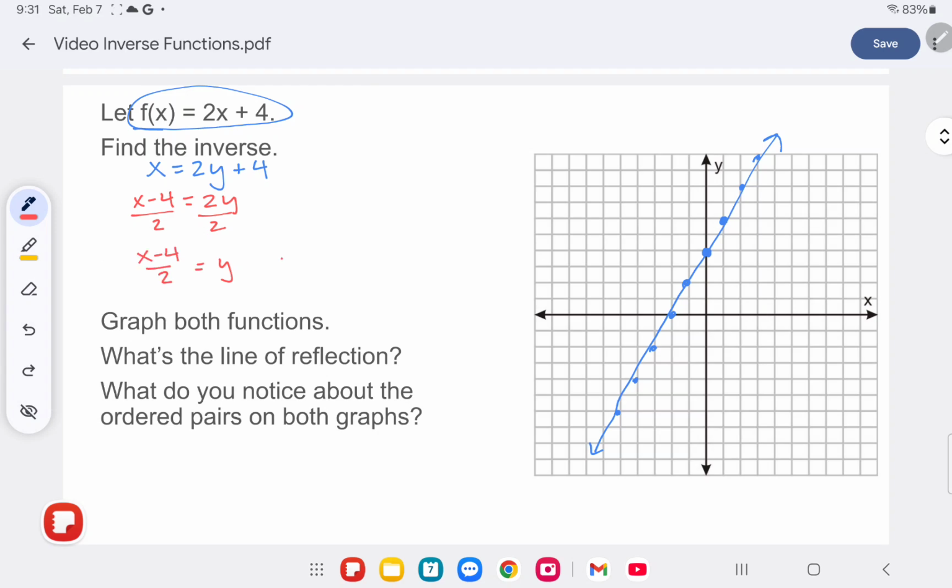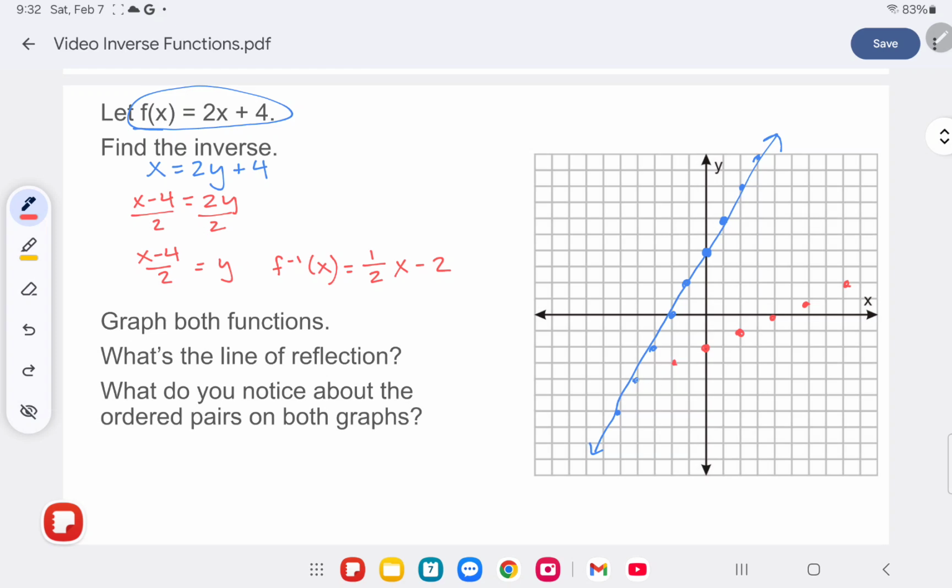Then I'm going to rewrite that as an inverse function. Because we're going to be graphing it, I'm going to write it in slope-intercept form. So my slope would be 1/2 x, and my y-intercept is -2, since -4 divided by 2.